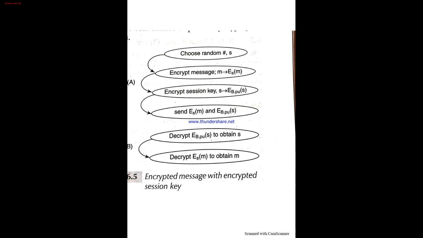The principal drawback of public key cryptography is speed, while the principal drawback of secret key cryptography is key management. If one person is communicating with 100 people, he has to manage all those 100 keys whenever he is communicating with them. That is the main thing.